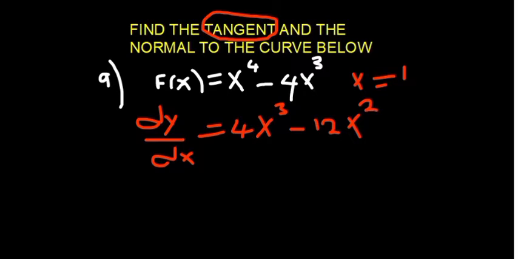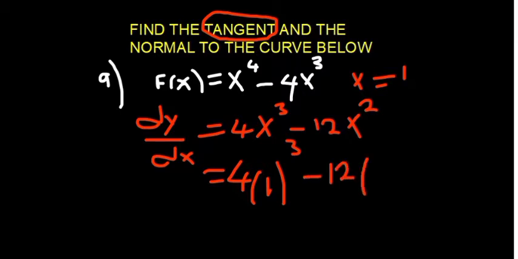At the point where x is equal to 1, we substitute a value of 1 where we have x. So we have 4 multiplied by 1 to the third power, minus 12 multiplied by 1 squared. That is 4 minus 12, which gives us -8.